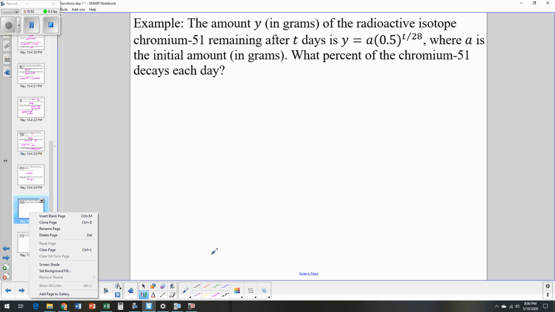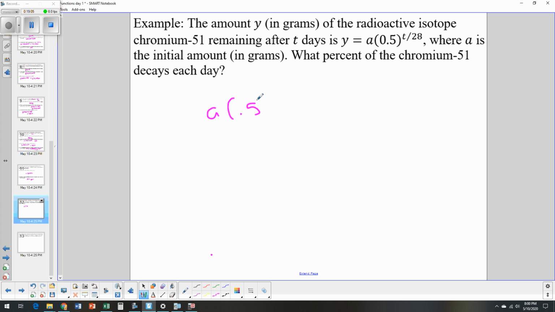So what I'm going to do is convert this to get just t as the exponent. I'm going to get rid of that 28. So A times 0.5 to the t over 28 is the same as 1 over 28 times t. I could separate those two things.